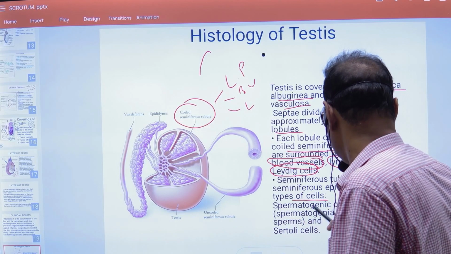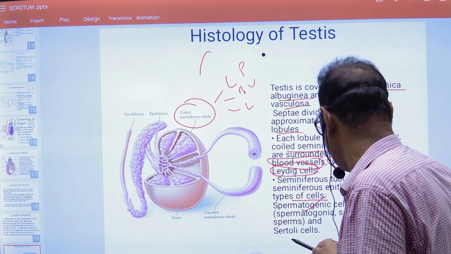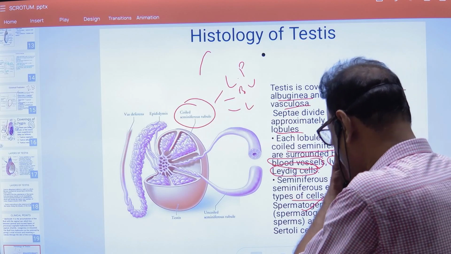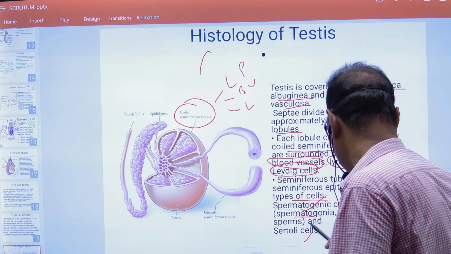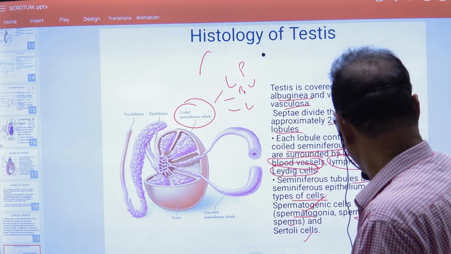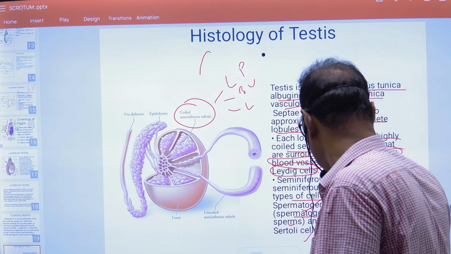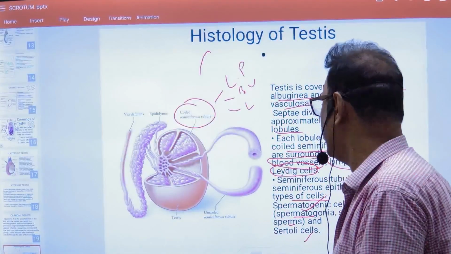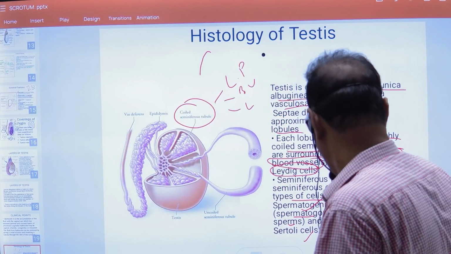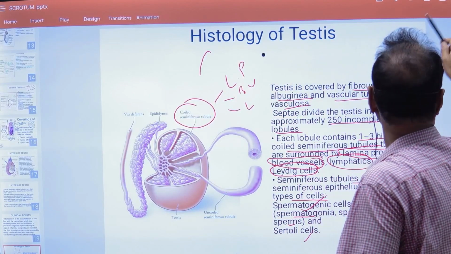two types of cells: the spermatogenic cells and the Sertoli cells. Spermatogenic cells are spermatogonia, spermatids and sperms.